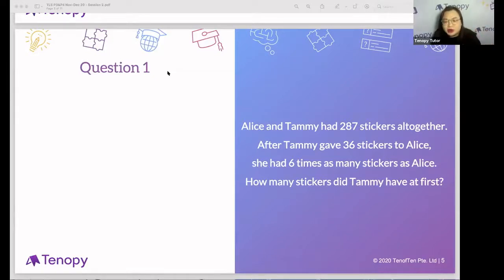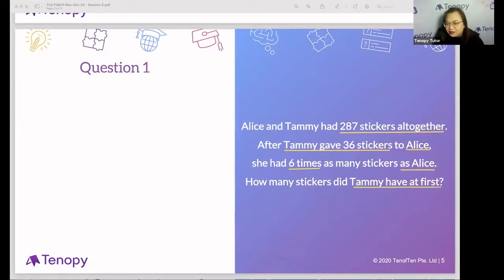Now, when I read this question, first of all, remember always highlight keywords. First of all, I understand that they have 287 stickers altogether. Tammy gave 36 stickers to Alice. She had 6 times as many stickers as Alice.